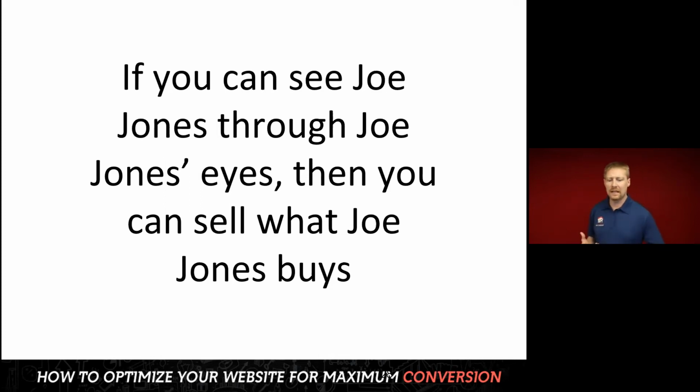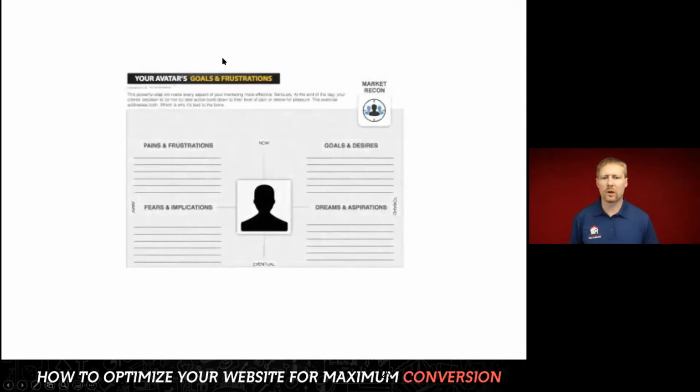So in that, we're working on what we call an ideal customer avatar. And each ideal customer avatar is essentially a profile of your perfect customer, their pains and frustrations, their goals and desires, their fears and implications, and their dreams and aspirations.